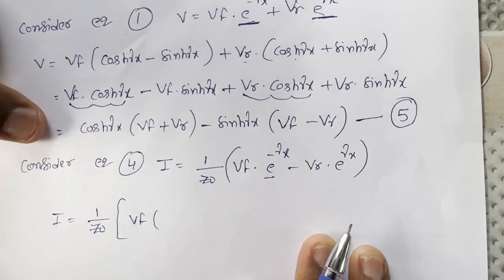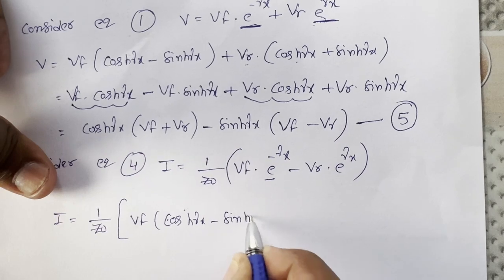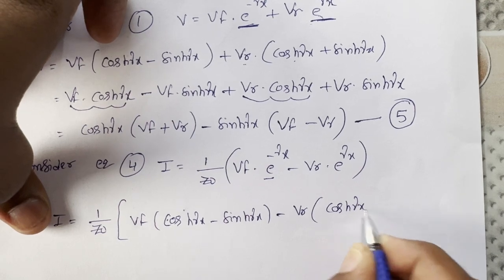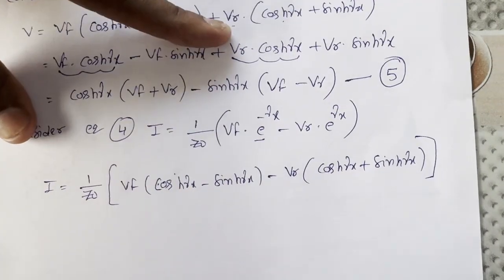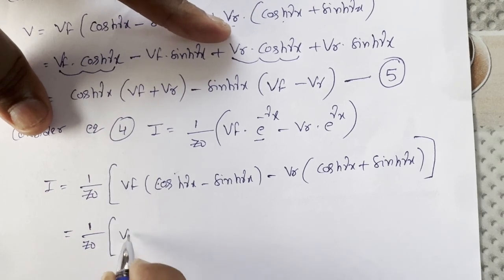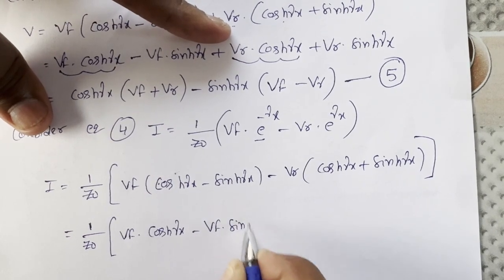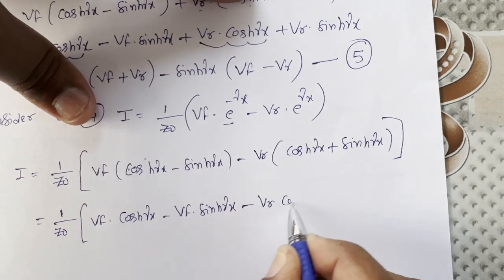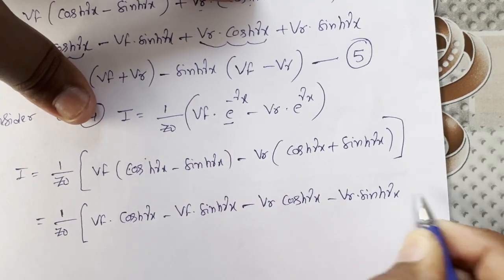That is cosh gamma x minus sinh gamma x minus Vr into cosh gamma x plus sinh gamma x. Now multiplying internally again, I equal to 1 by Z0 into Vf cosh gamma x minus Vf sinh gamma x, next minus Vr cosh gamma x minus Vr sinh gamma x.